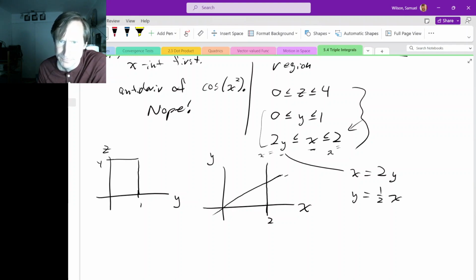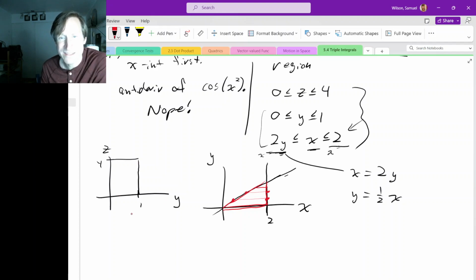And x is going from the line. So in the x direction, we're going from the diagonal line to x equals 2, along the x direction. So our region is this lower triangle. Looking at it in the xy direction, we get this triangle.